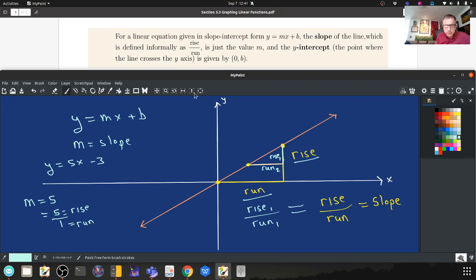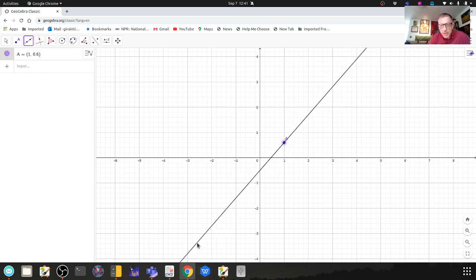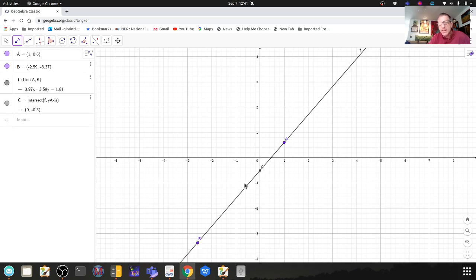Now, let's look at GeoGebra again. So notice here is a line. I'm just going to put another point down there. This is the y-axis here, and this is the x-axis. This line crosses the y-axis right there.